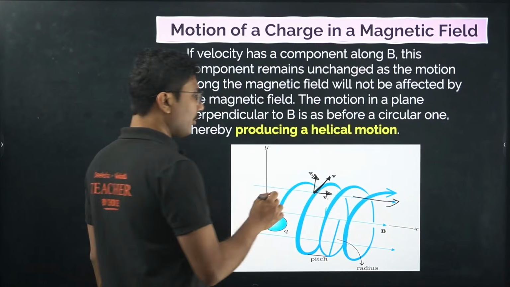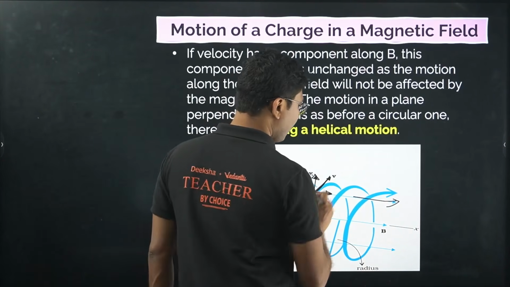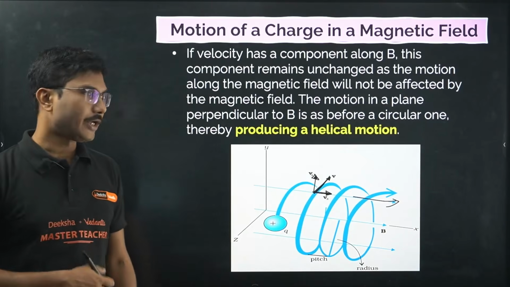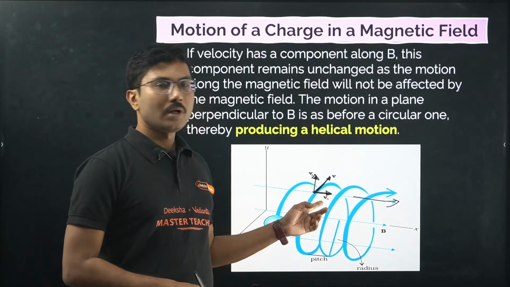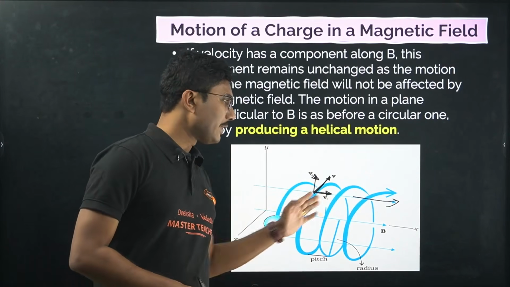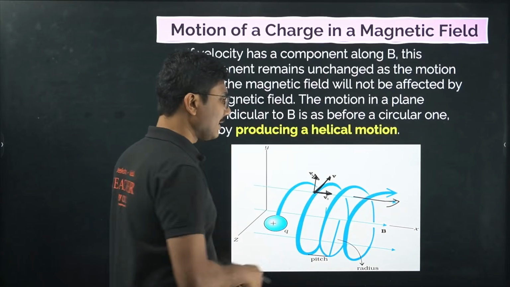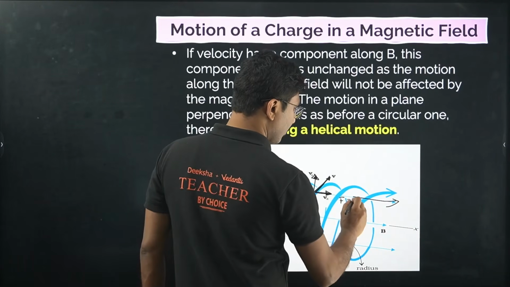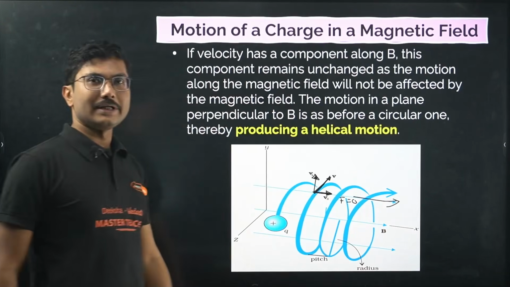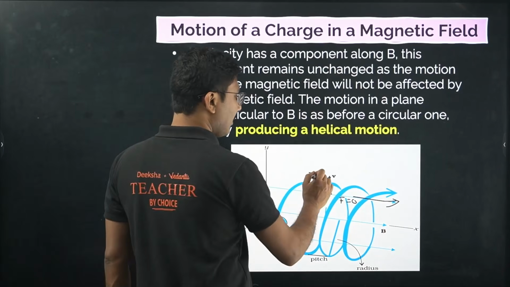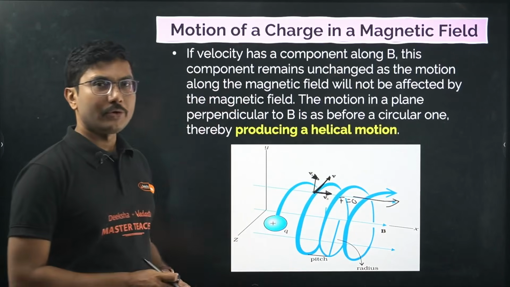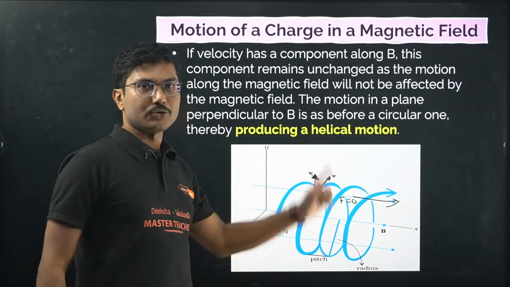Okay, the component which is in the direction of magnetic field, what will happen to it? It will move with the magnetic field, because along this direction the force is 0. Force along the direction of magnetic field is 0, and this perpendicular component will make sure that it rotates in a circular motion.